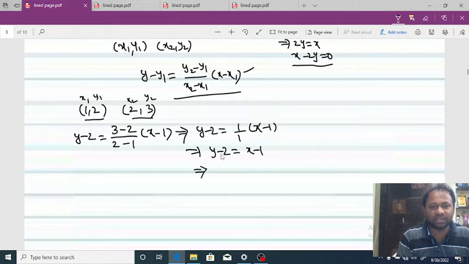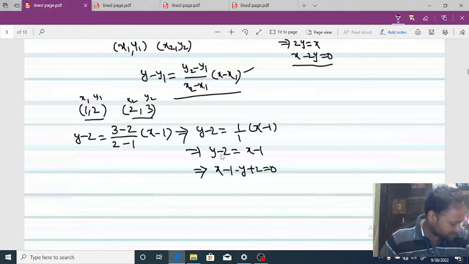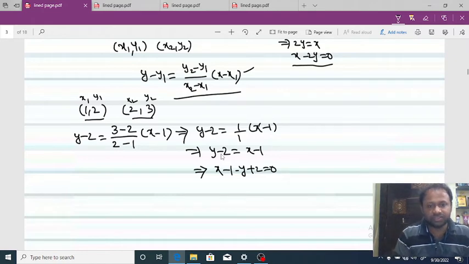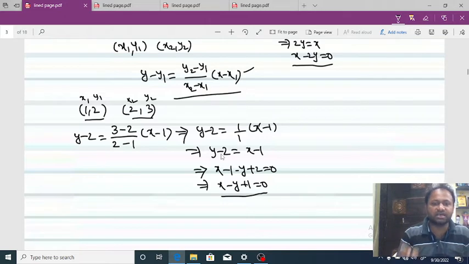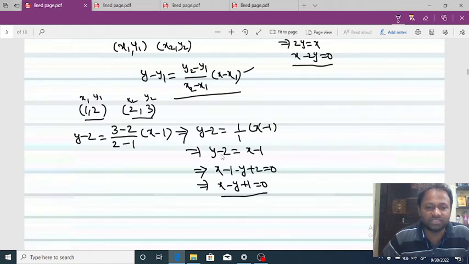From this we can write x minus 1 minus y plus 2 is equal to 0. That implies x minus y plus 1 is equal to 0. So this is the required equation of a straight line. In this method we can find the equation of the straight line.